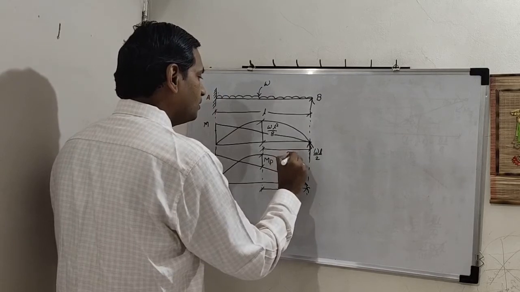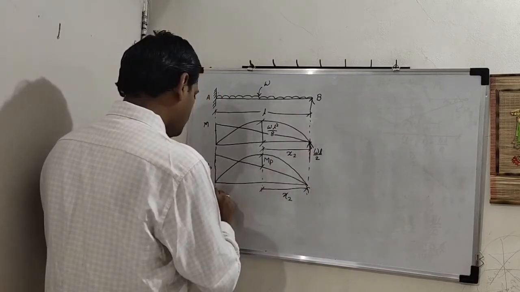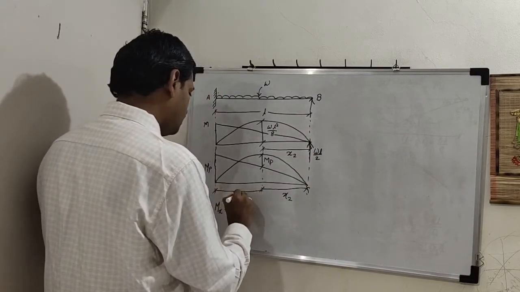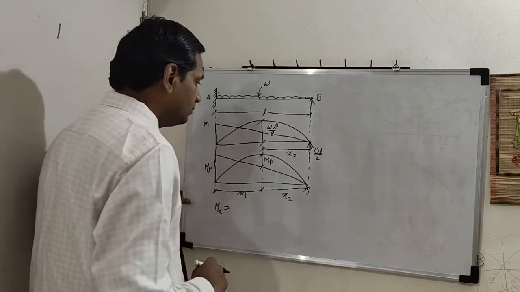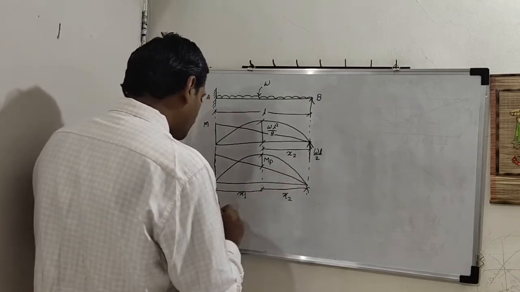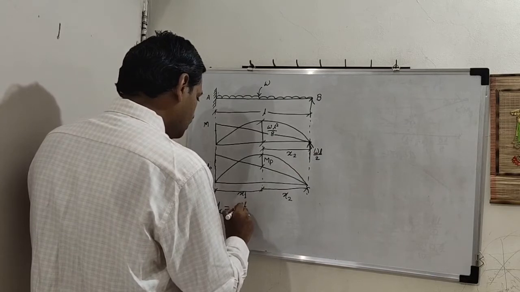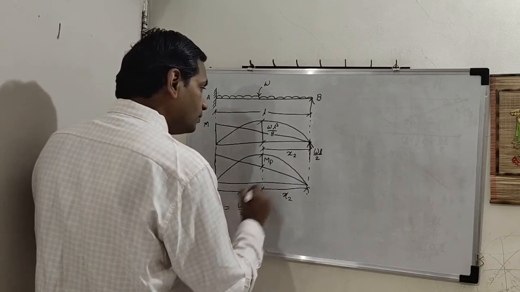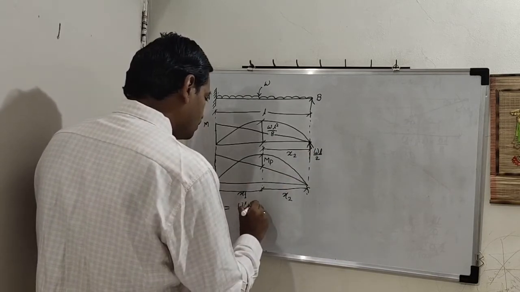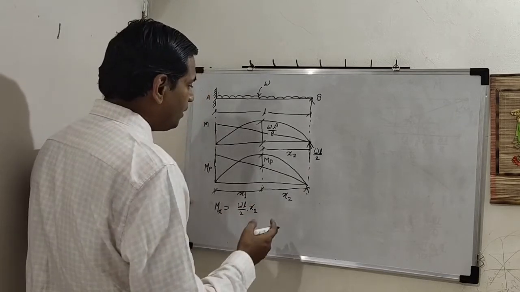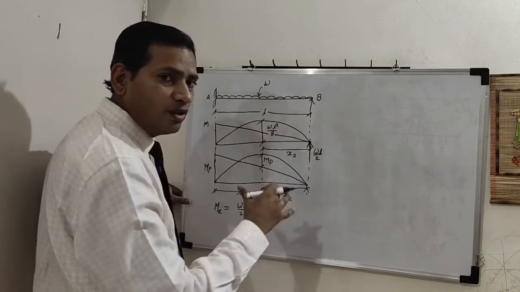Into this x2, we shall assume this as x1. So WL by 2 into x2. Now you might ask, this is anti-clockwise moment, why not negative?